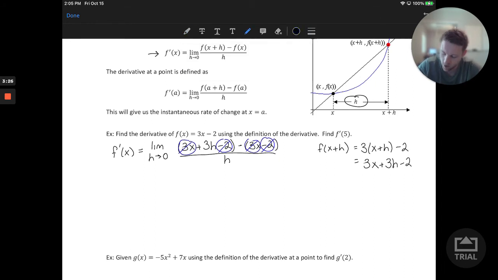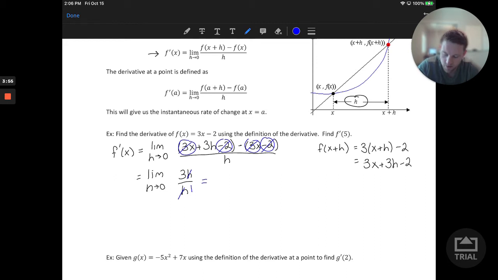So I can rewrite this as the limit as h goes to 0 of 3h divided by h. And then finally, we can cancel out those h's. h in the numerator and the denominator can be canceled out to 1, and we'll be left with the limit as h goes to 0 of 3.